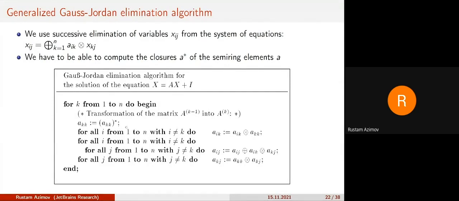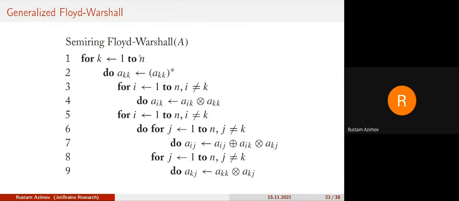Here you can see we compute the closure of the element and update other elements. And it's interesting that exactly the same algorithm is the Floyd-Warshall algorithm from graph theory. We just have the same lines here.